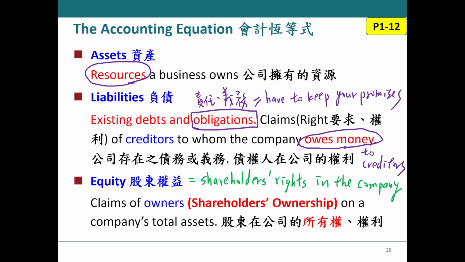So for assets, so far right now it is a rough concept. So for assets, we give you more detail for a definition. Even though right now we told you assets is the resources your company has, right? So what are resources for? When you have the resources, you are going to use the resources to help you do something.